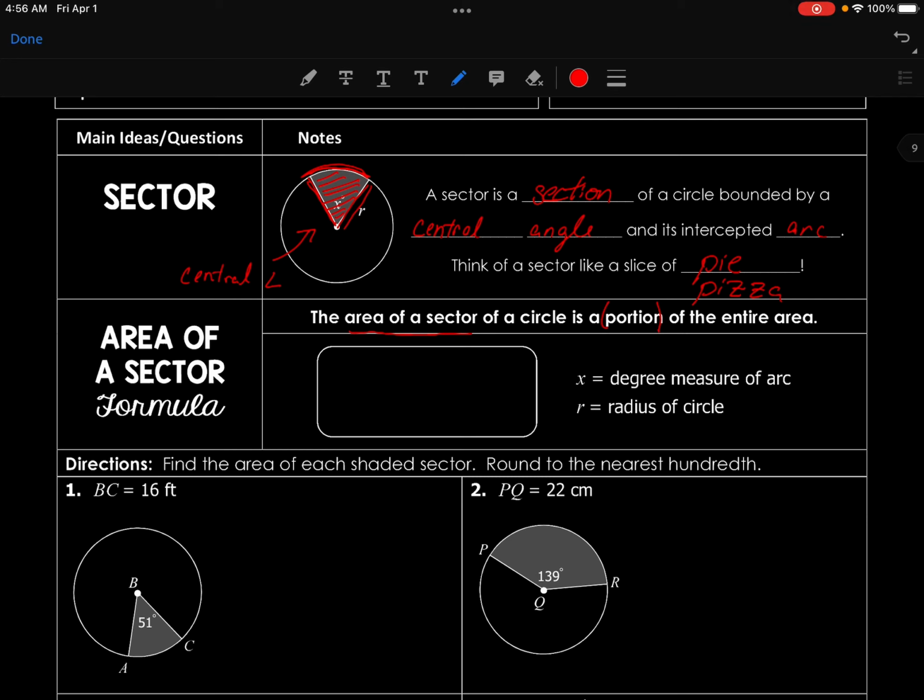Well, first, you can use x, the degree measure of the arc, to indicate how much of the circle you have. Remember that the full rotation of a circle has 360 degrees.